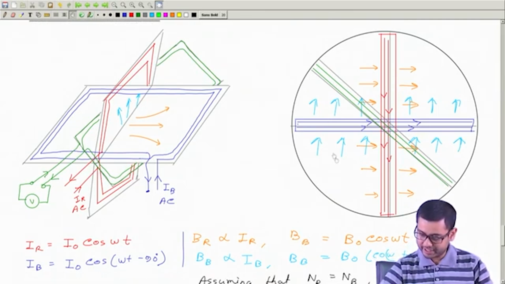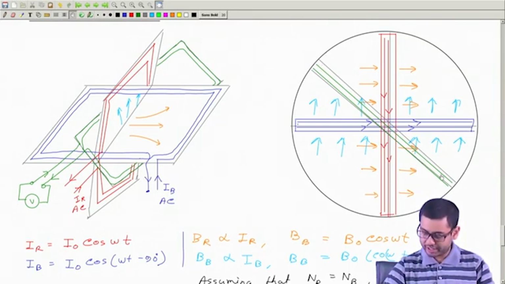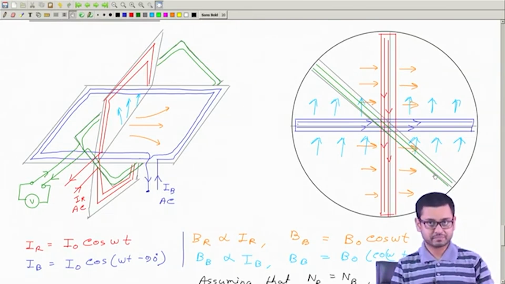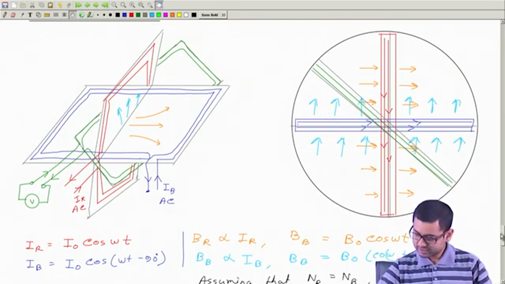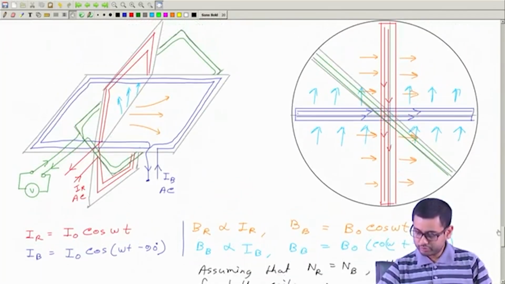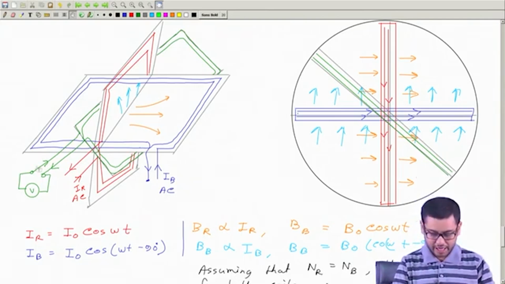We have a rotating magnetic field. So the flux linkage of this coil is changing with time, and therefore, according to Faraday's law, some voltage will be induced across this.